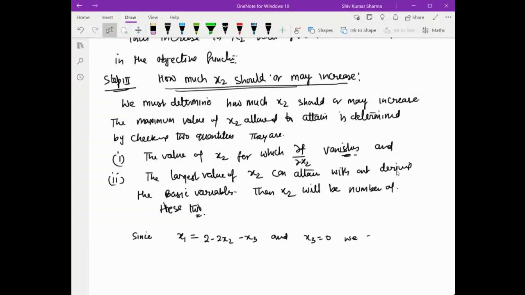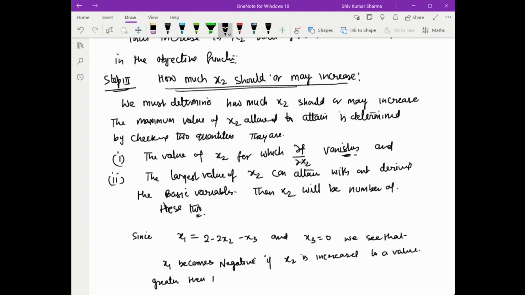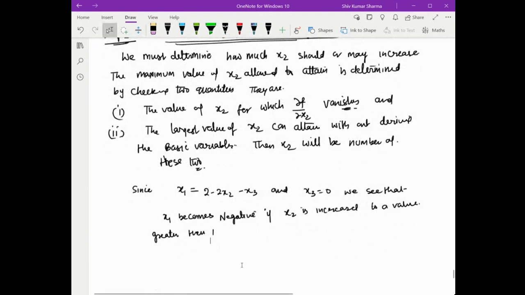So we see that x1 becomes negative, because if x2 is increased to a value greater than 1, then x1 becomes negative.